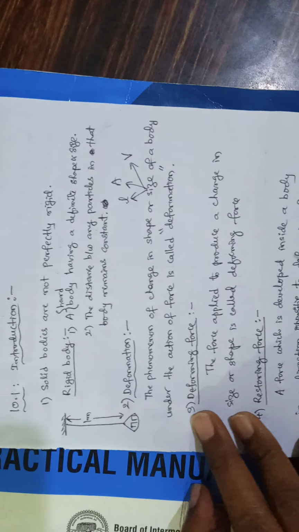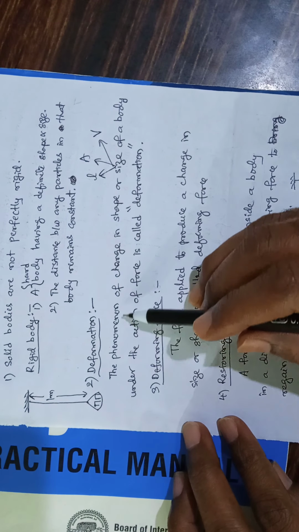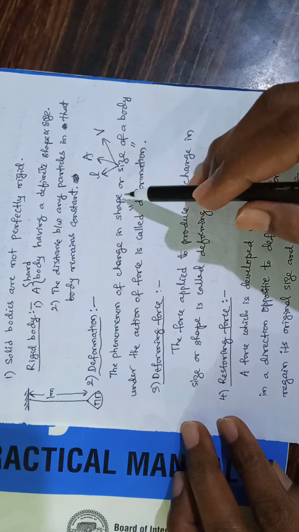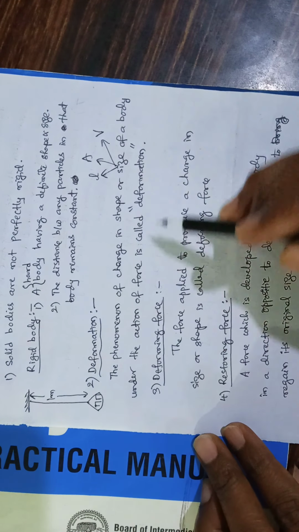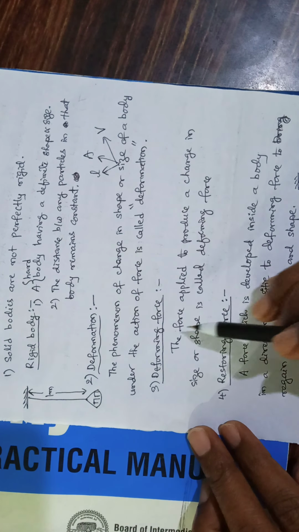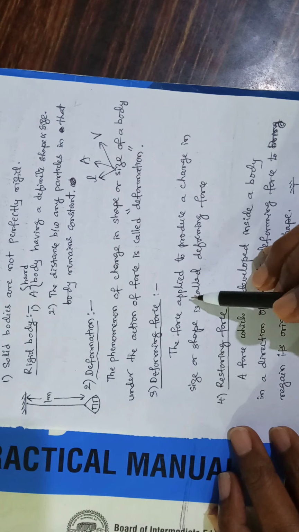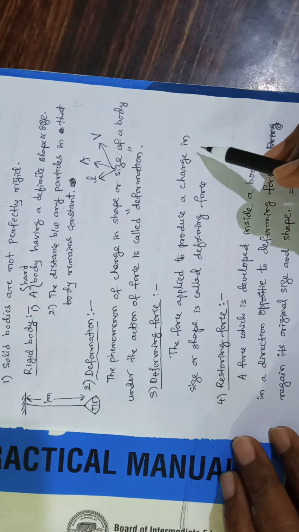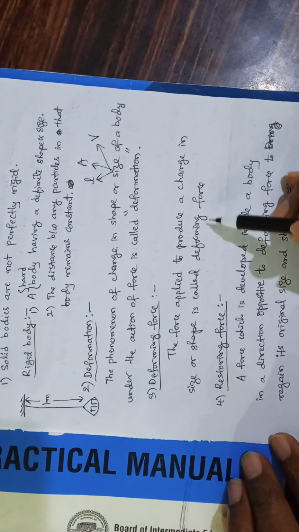Next, deformation. The phenomenon of change in shape or size of a body under the action of force is called deformation. Next, deforming force. The force applied to produce a change in size or shape is called deforming force.